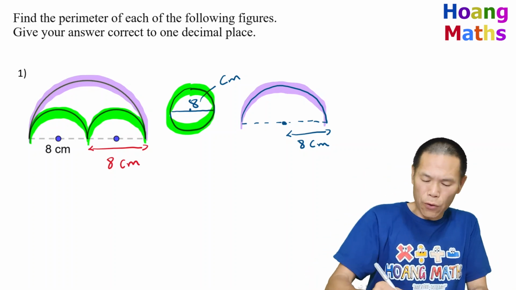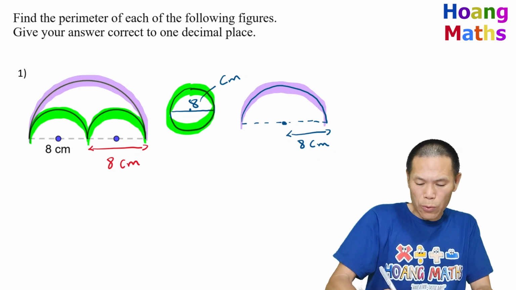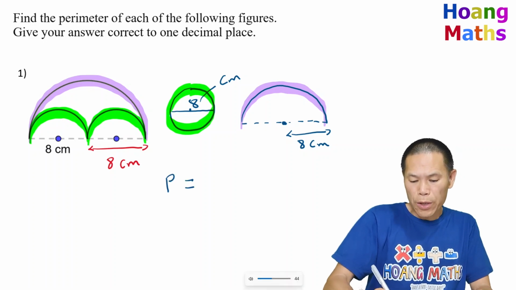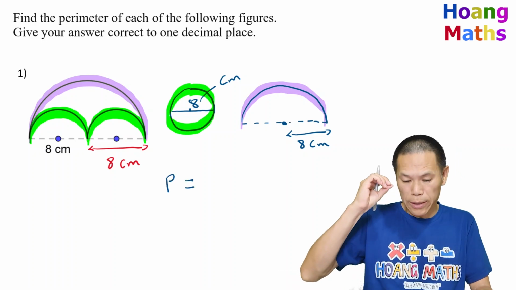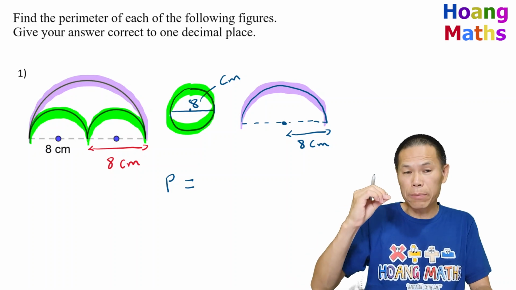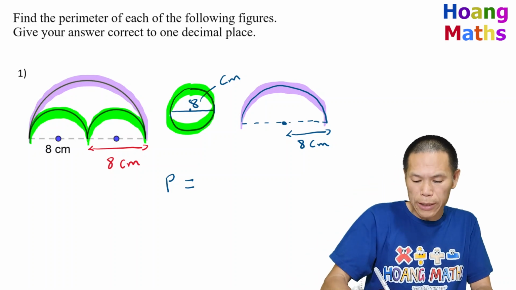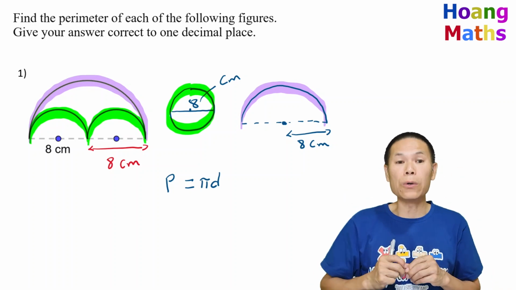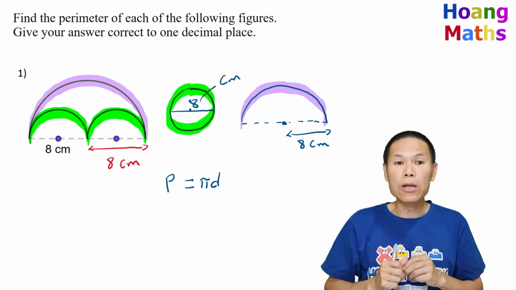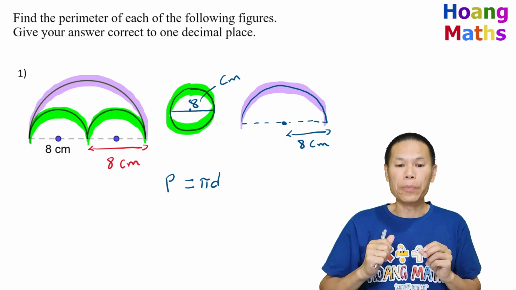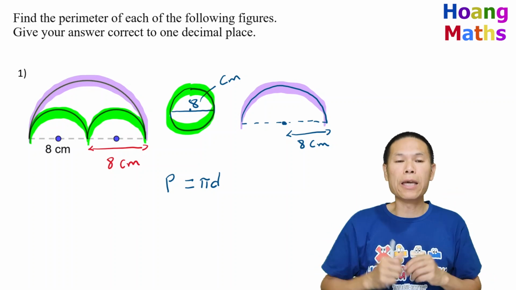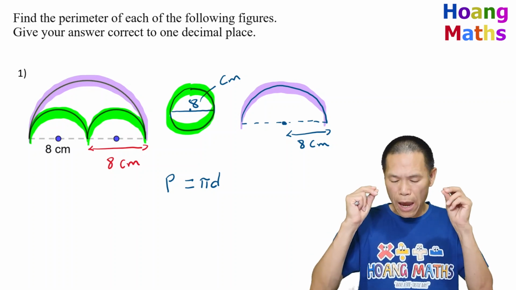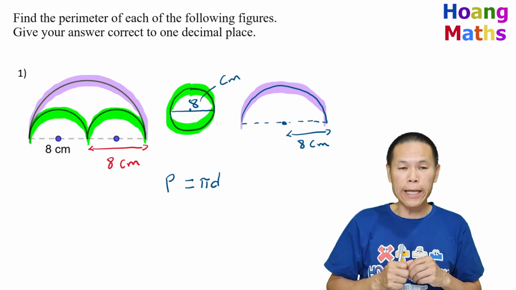And we know that for the smaller circle, we have perimeter equal. Because we know the diameter is 8 centimeters, we can use pi d. There you go. Circumference of a circle is 2 pi r or pi d. And for the larger semicircle, we have the radius is 8 centimeters.